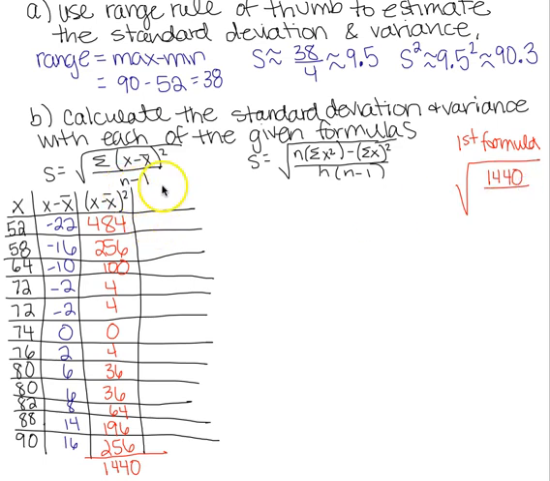In this case, that's 12, so 12 minus 1 is 11. And so our standard deviation formula here, when I take the 1440 and divide it by 11, that gives me approximately 130.90 repeating.